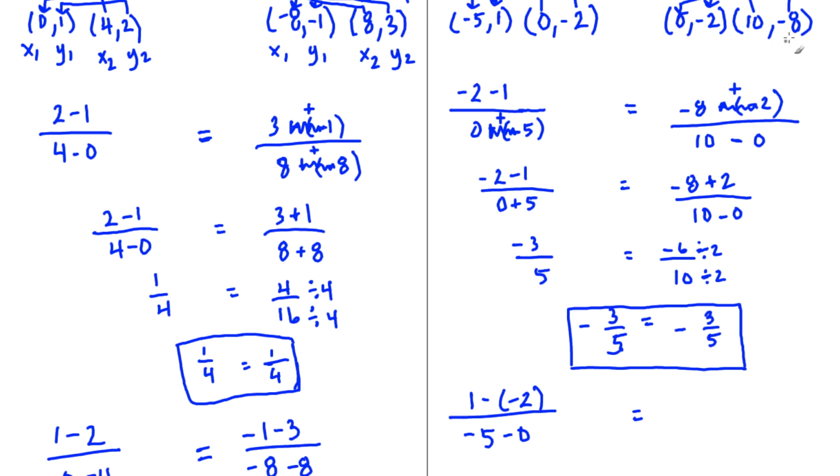That should be equivalent to, instead of negative 8 minus negative 2, we'll do negative 2 minus negative 8, over, instead of 10 minus 0, we'll do 0 minus 10. And like I said, you can just do the setup for the second one. You don't have to do the whole thing over again. And that is it. Thank you.